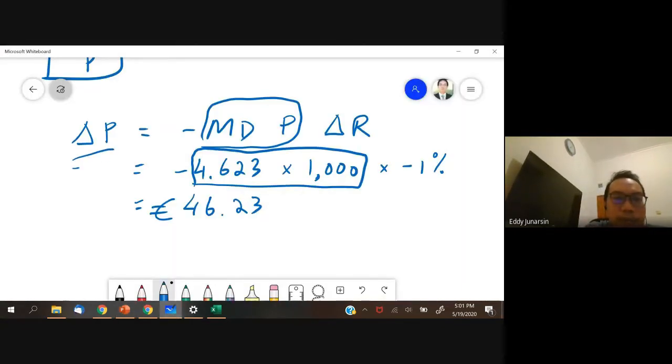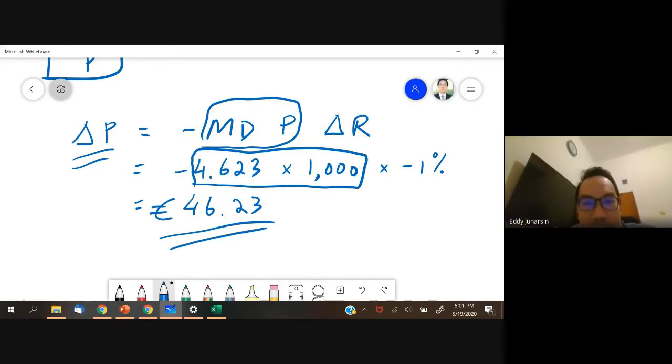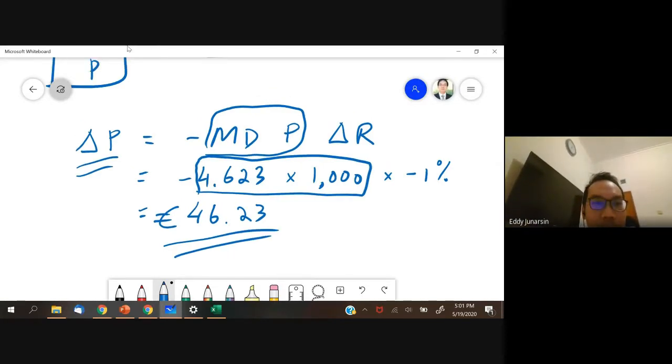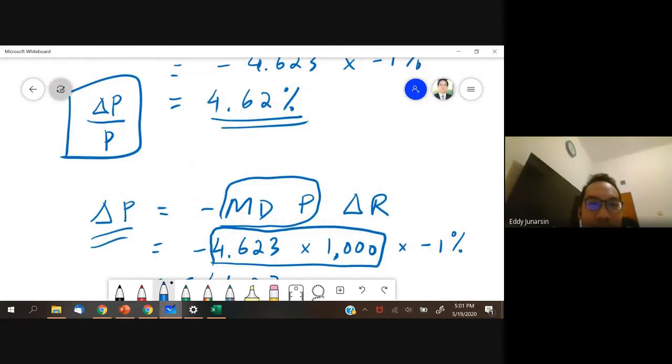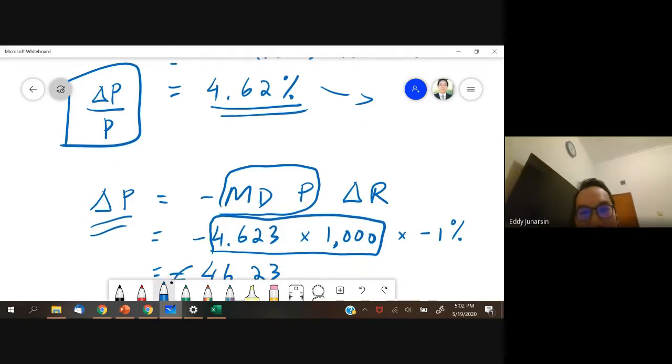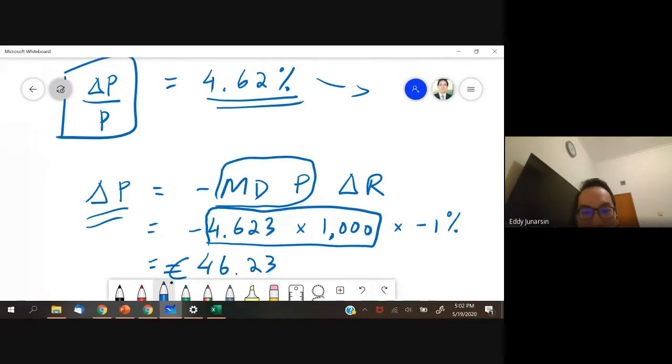So the change in price would be 4623, right? But if you want to know the percentage change in price relative to the original price, it would be 4.62%. The original price is 1,000, and after the change, it would be like 1,046 and 23 cents.